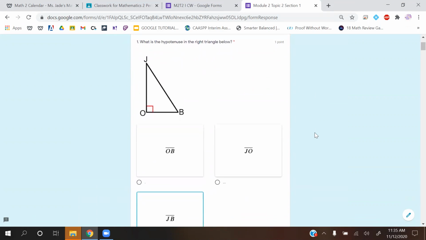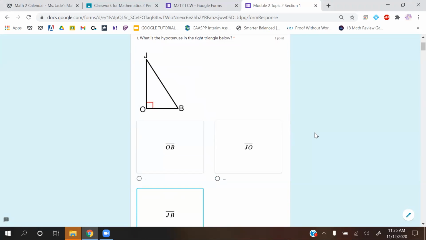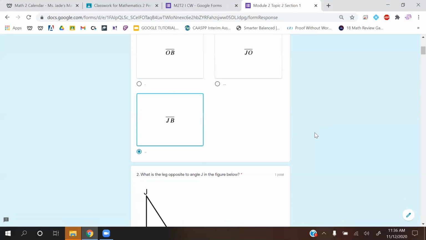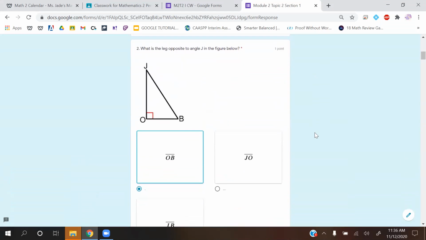So the hypotenuse is directly across from the right angle. So if you know the right angle is at O, then across from the right angle is JB. So 1 is JB. Number 2 says, what is the leg opposite to angle J? So we know that angle J is the top angle. Then you go opposite to that, it's the bottom side. So OB is the opposite leg.